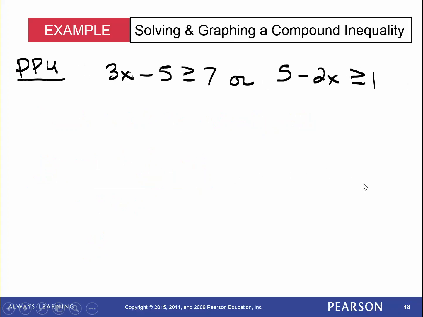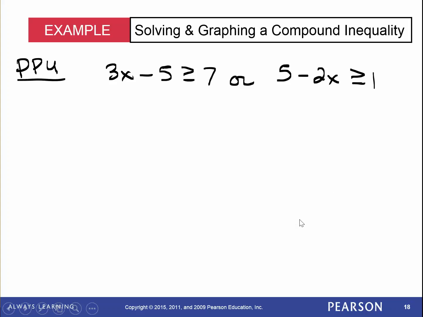So remember, compound inequalities are two inequalities brought together by an "or" or "and" statement. Okay, I'm going to go a little bit faster here just because of time constraints.